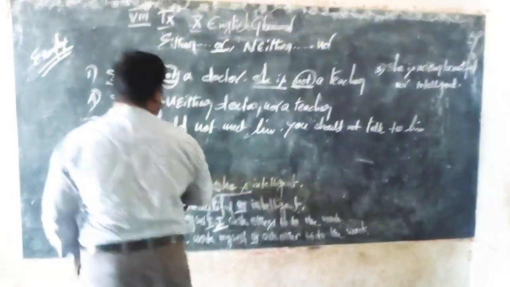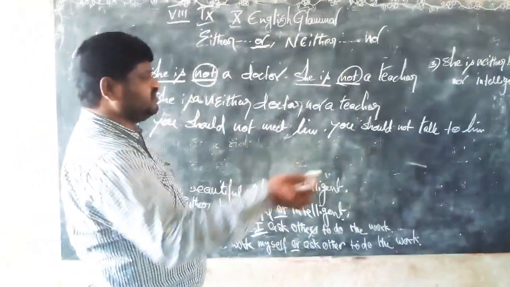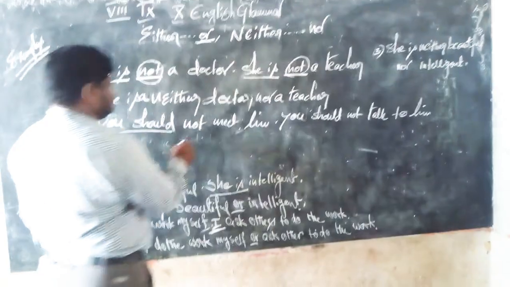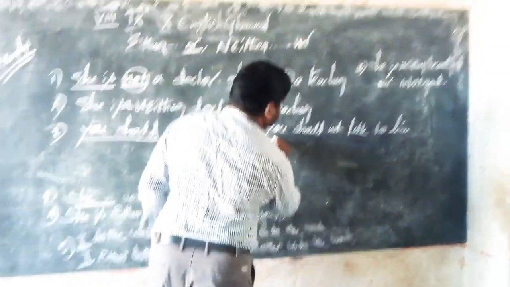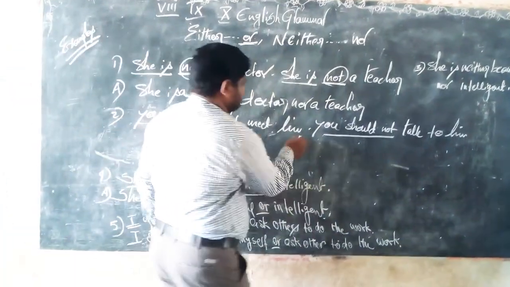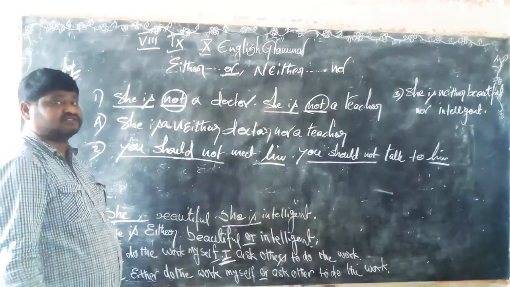Friends, these are the sentences. You should not meet him. You should not talk to him. How do we identify the words? "You should not" here, and also in the second sentence "you should not." Friends, and "him." These are the similar or different words.